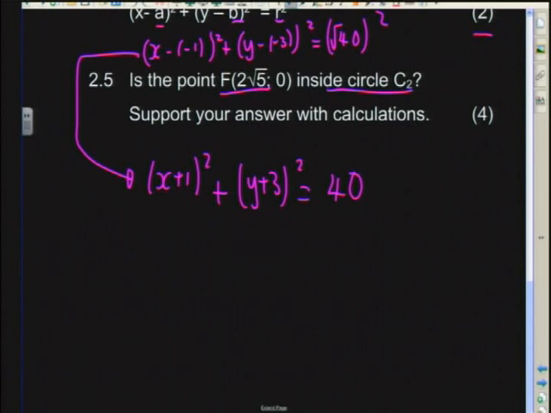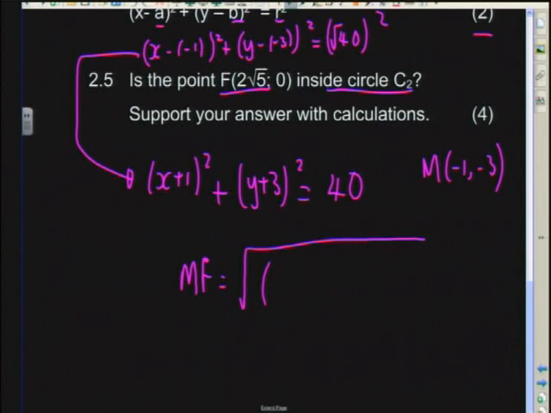All right, so we've got F. We know that M is (-1, -root 3), so MF is going to be the square root of, using the distance formula, (2 root 5 minus -1), so it becomes (2 root 5 + 1) squared, plus (0 minus -3), which is just 3 squared.